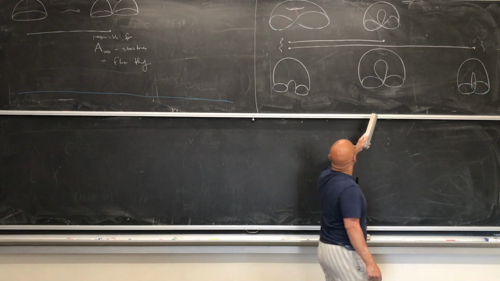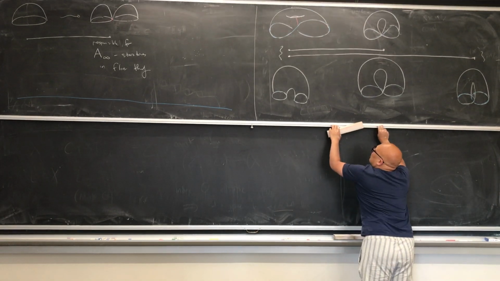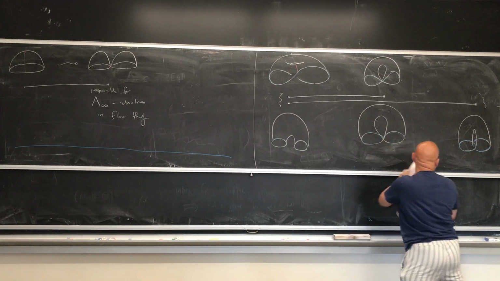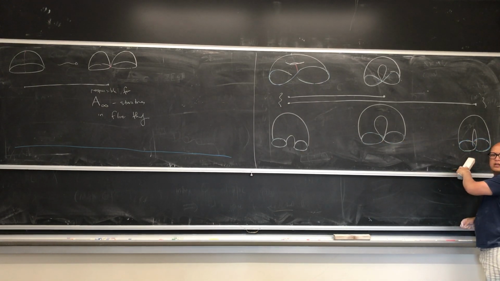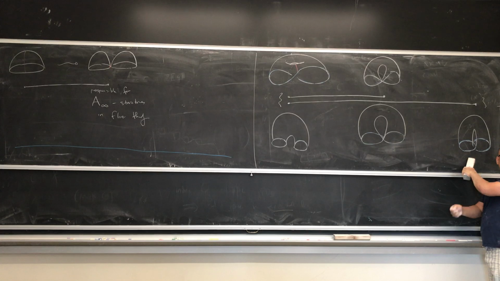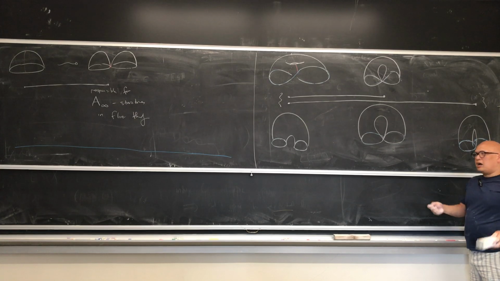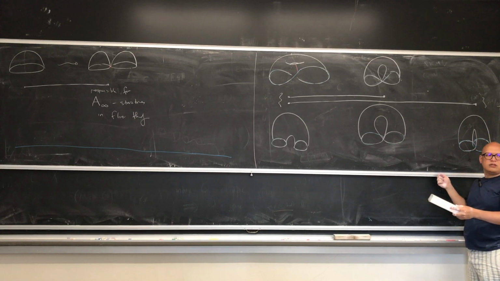And what we do is we set this knot plus this knot equal to this knot. So we count the curves not as numbers, but by their boundary as a knot up to this relation.